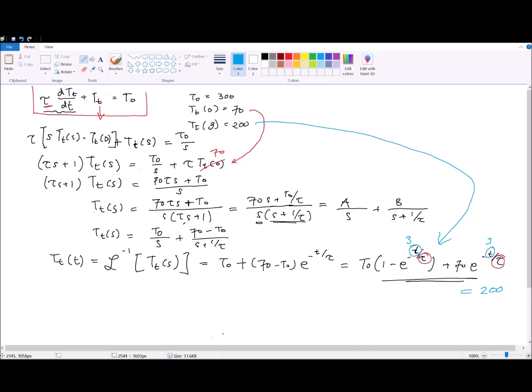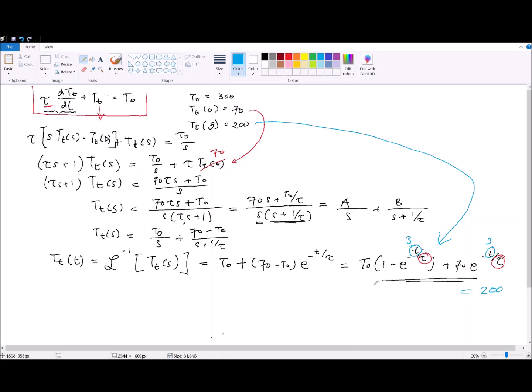And then to answer the question, let's assume you have already known the value of tau. The question asks you to find when you will reach the result within 1% of the final value.